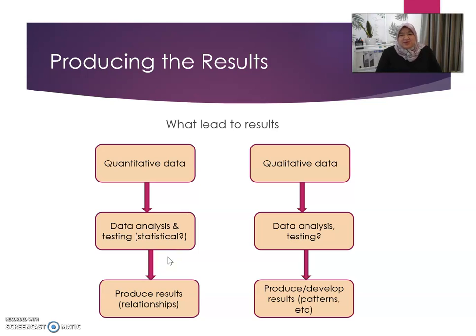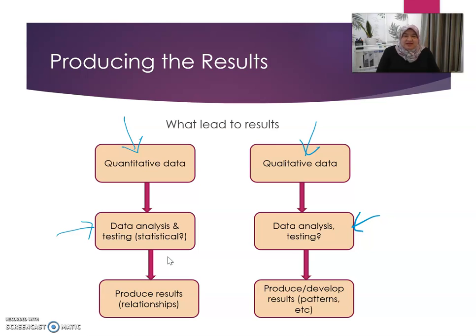So what led to the result? Of course, when you are using quantitative data or qualitative data, there will be a special way of analyzing the data. Quantitative data could use statistics to produce a result, such as the relationship and the impact.